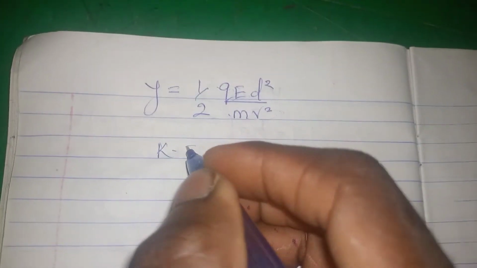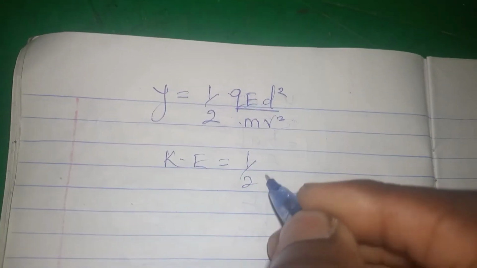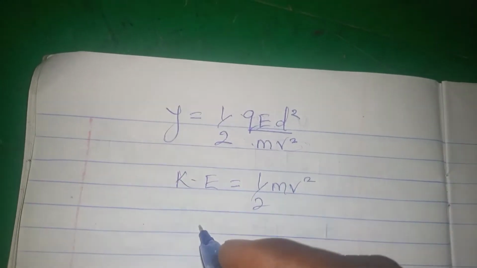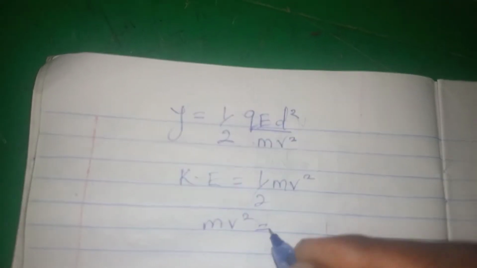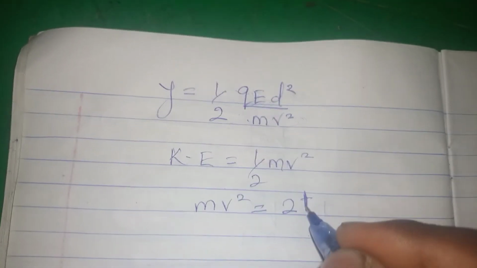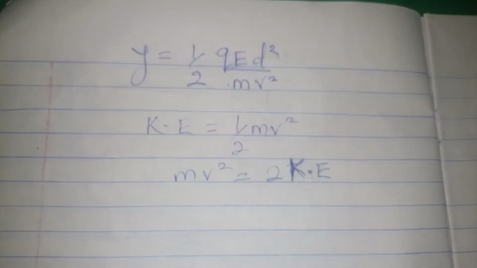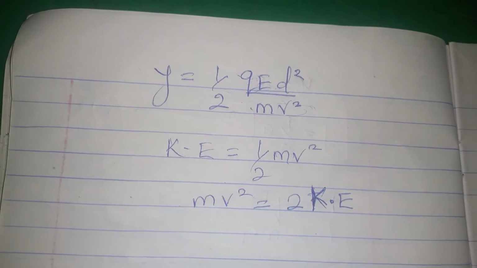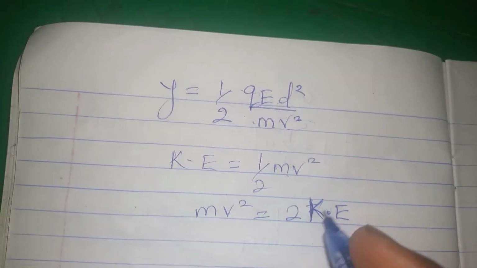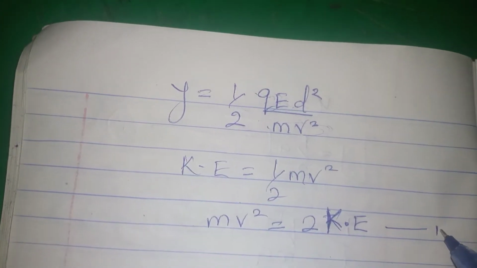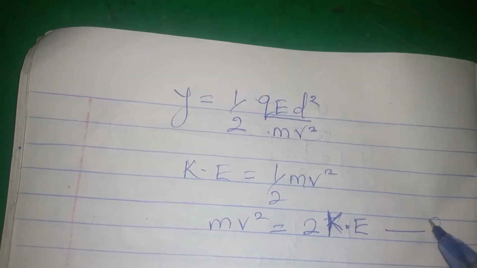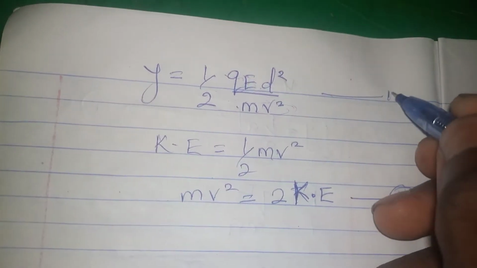Normally kinetic energy equals half mv square, right? So mv square definitely will be 2KE. If you cross multiply properly, mv square on its own now will be 2KE. Let's call it equation 5, so that we'll call this 4.